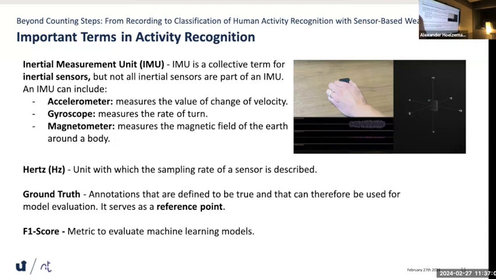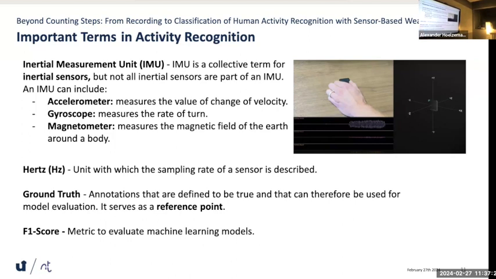You're also going to hear the term hertz, which is the unit that we are measuring the sampling rate of a sensor with. So for example, when I'm later telling you that I recorded the data set with 100 hertz, then this means that we have 100 data points per second. So 100 data points will describe 1 second in real time.